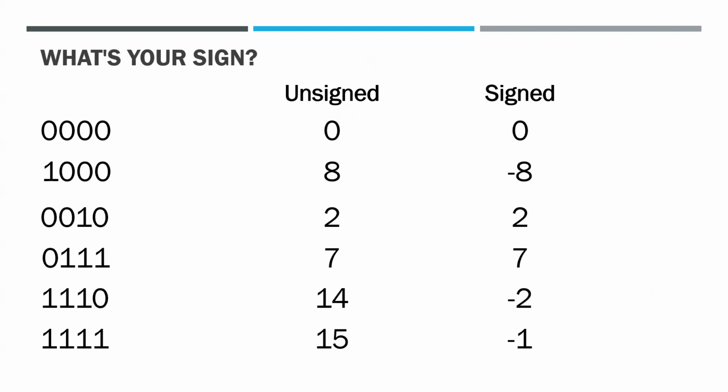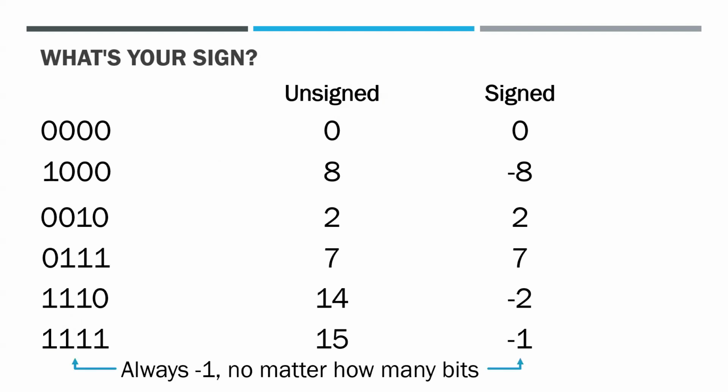But signed, again, regardless of the number of bits, all ones signed is always going to be -1, no matter what, right? Because the sum of the trailing bits is always going to be equal to 1 less than the next bit up, the signed bit, basically.